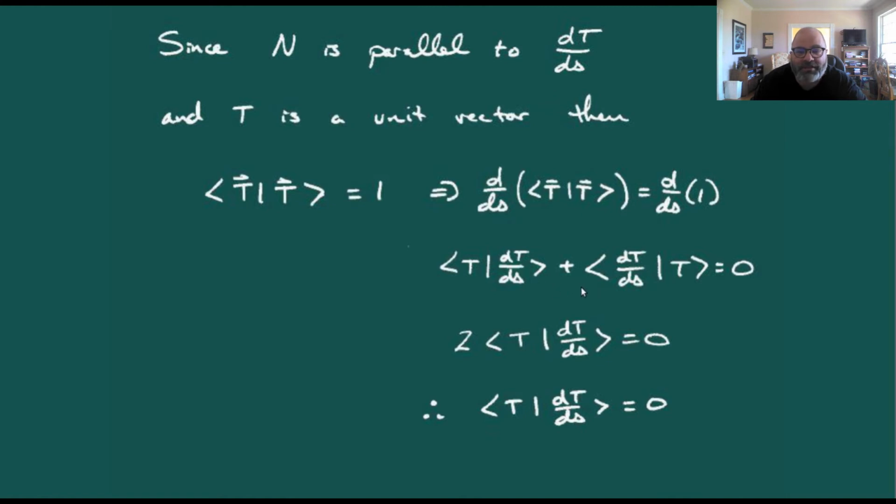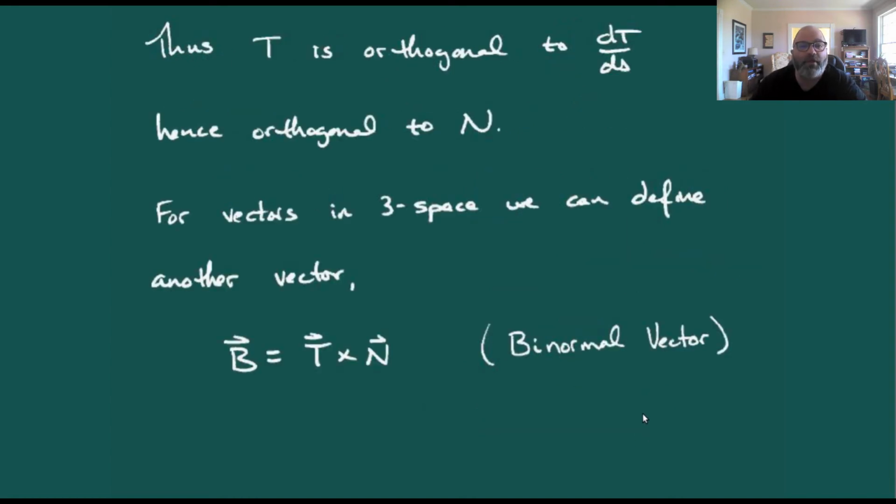Because our dot product is symmetric, we get a factor of 2 divided by 2, and so the dot product of the unit tangent with its derivative is going to be 0. So T is orthogonal to its derivative with respect to arc length, and the unit normal vector is also orthogonal to T. The angle between those two vectors is 90 degrees.